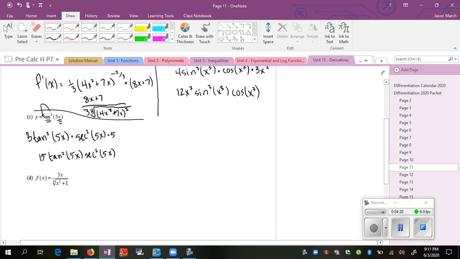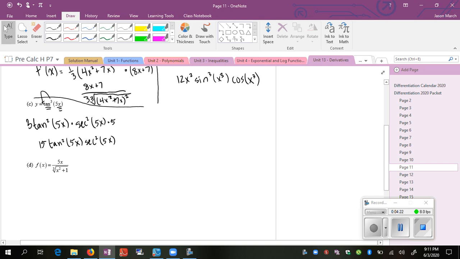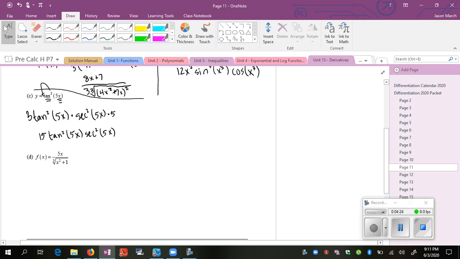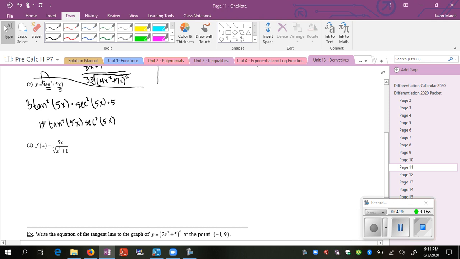All right, example D. We have, perhaps we could do the quotient rule on this one. So low D high. So we have the low is just the, I'll rewrite it as a fractional exponent. So we get x squared plus 1 to the 1/3, D high. Derivative of the top is 5, minus high D low, so the high is 5x.